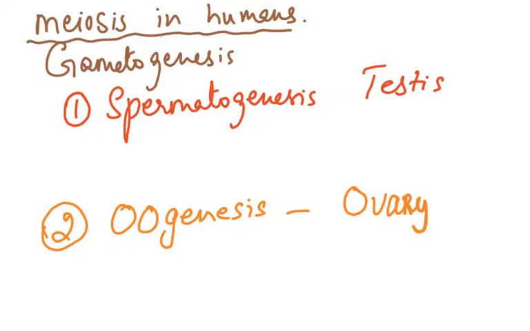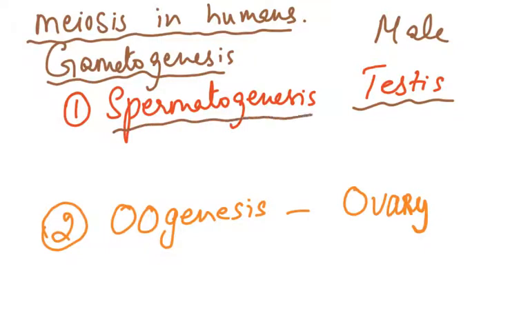Meiosis is going to take place in humans, and that is called gametogenesis. If it's a male, it takes place in the testes, and that process is called spermatogenesis. Similarly, if it's a female, then it's going to take place in the ovary.